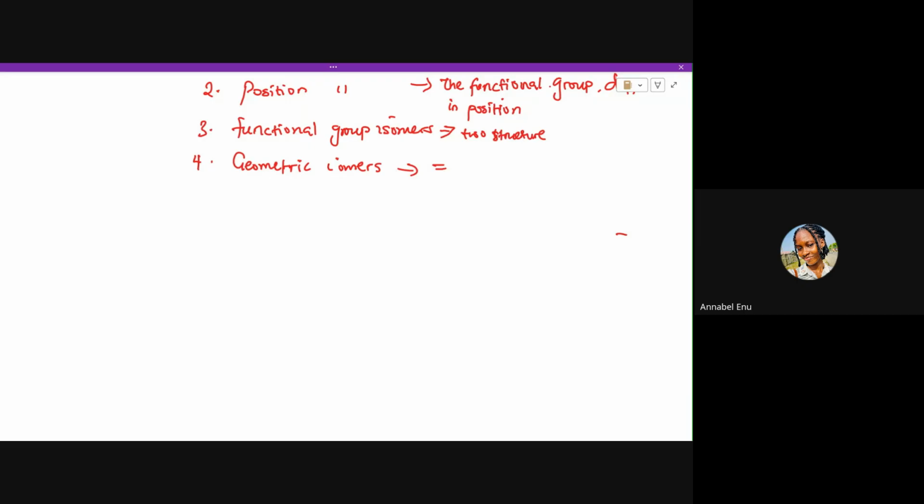The functional group isomerism. So for example, we have... Okay, so now who can tell me what is the functional group in compound A and in compound B?